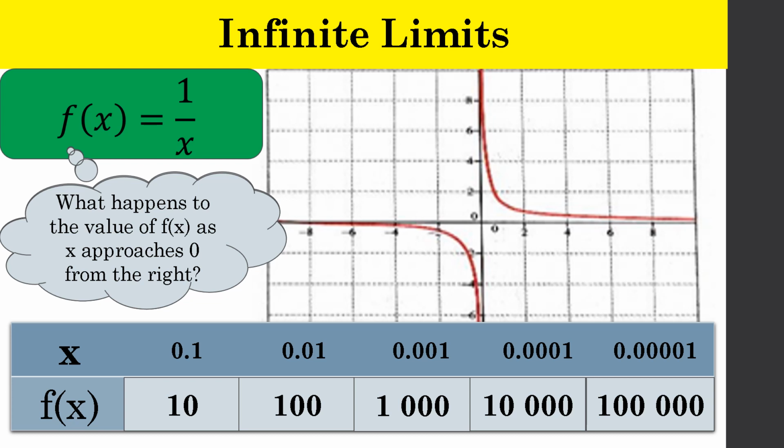Katulad kanina sa una nating table of values, habang yung x natin becomes sufficiently close to 0 naman from the left, the value of the function gets dramatically smaller without a bound. So, ibig sabihin, papunta sa negative infinity naman yung value ng f of x as x approaches 0 from the left.